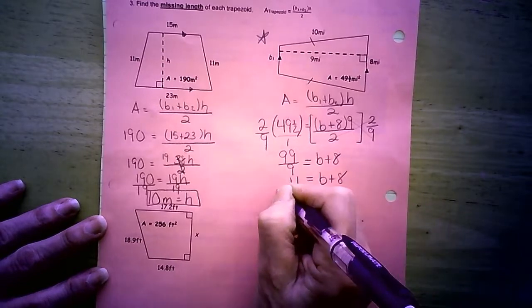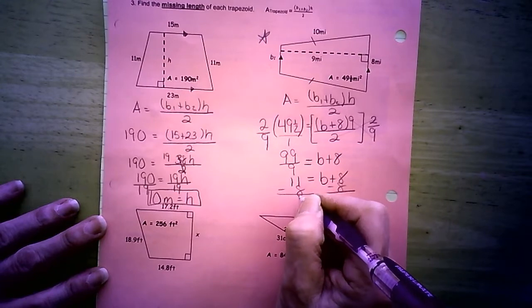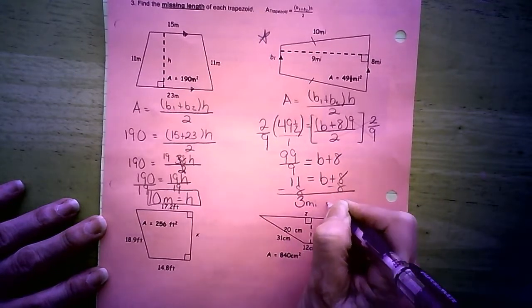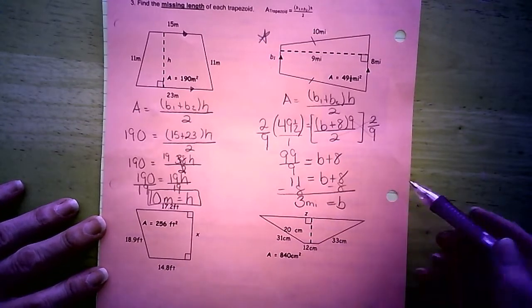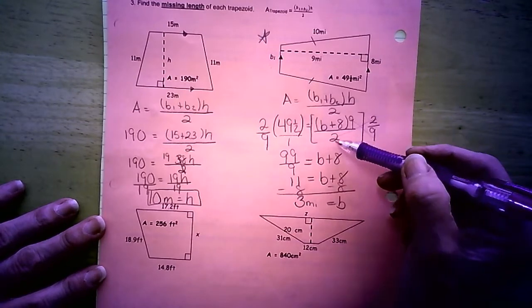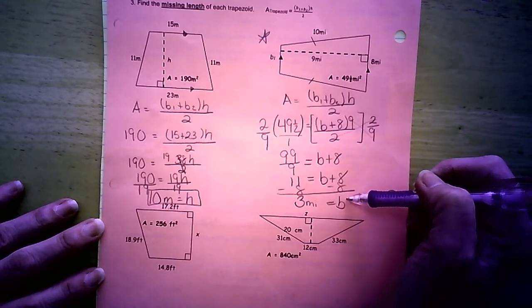If I subtract 8 from both sides, I get 3, in this case my units are miles, is equal to B. So this one looked the most challenging to begin with because it had mixed numbers and we couldn't really cancel to begin with, but it turned out to be friendly.